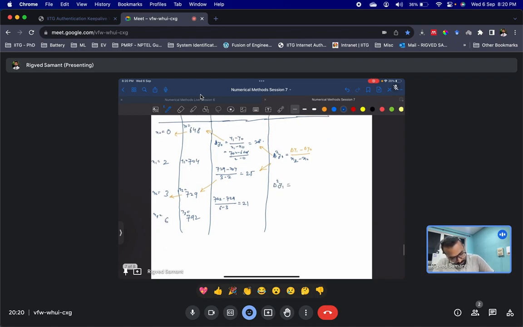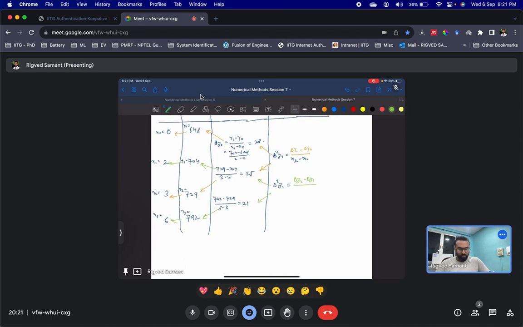So for delta square of y1, you will have in the numerator the difference of these two, that is delta y2 minus delta y1, divided by, you want to know what are the x, so it will go like this, and here this one will go here and here.